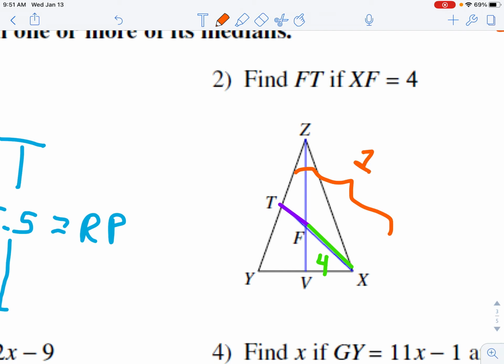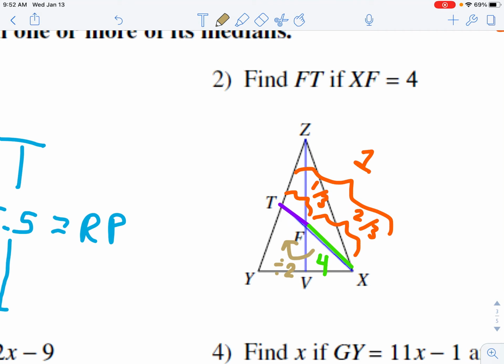this is the whole, so TX is the whole median. Remember, angle to centroid's 2/3 of it. That is 1/3 of the length. But an easier way to think about this problem is that you just divide by 2. All right.